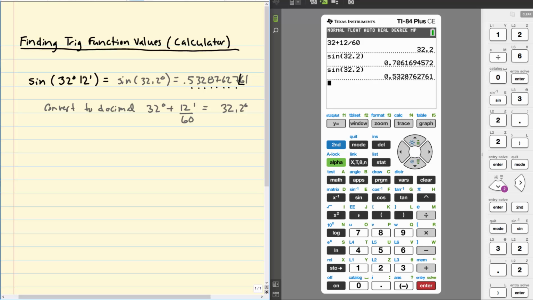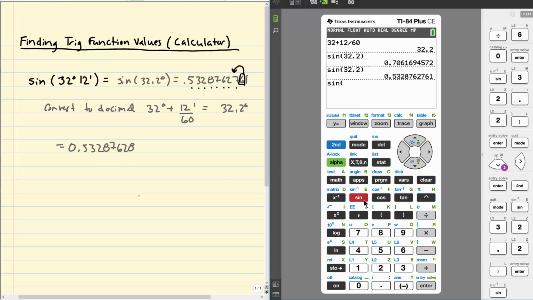So we go to the 9th place and it's 5 or above, so we'd round this up. So this would actually round to 0.53287628 rounded correctly.